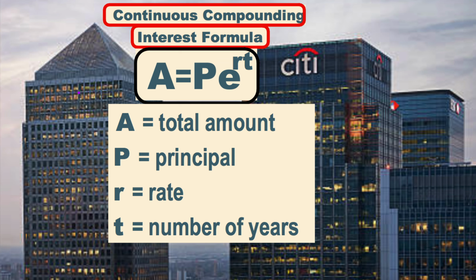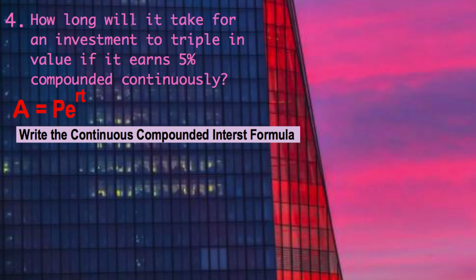Question 4. How long will it take for an investment to triple in value if it earns 5% compounded continuously? We write the continuous compounded interest formula. A equals P times e to the RT.